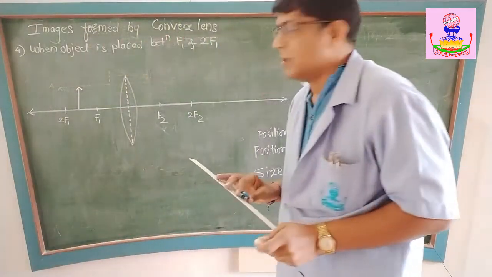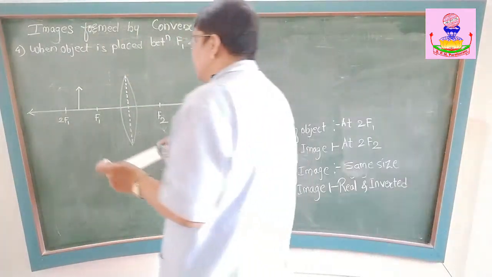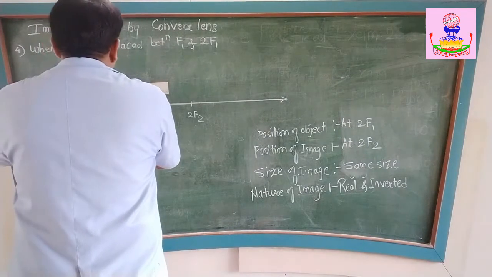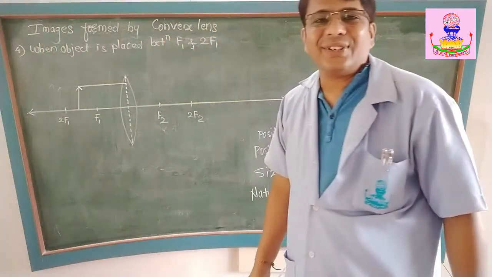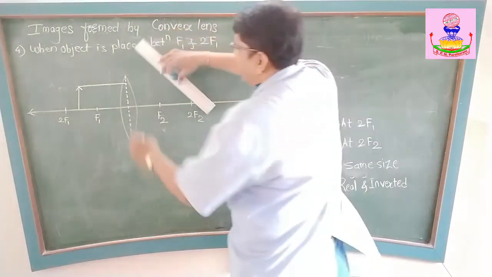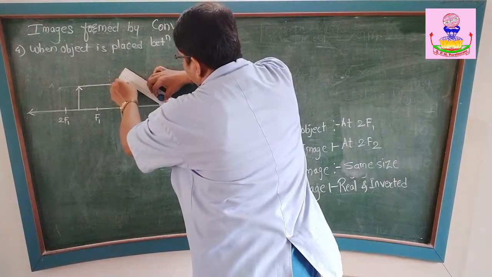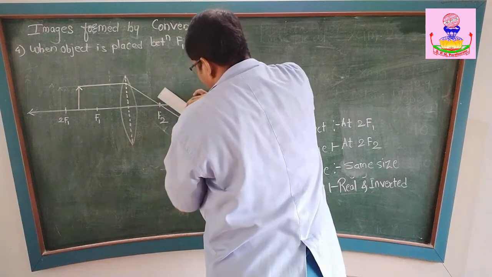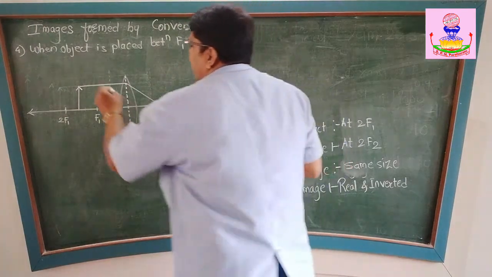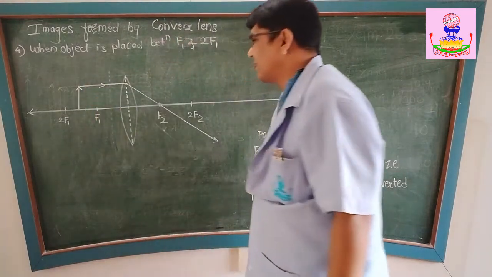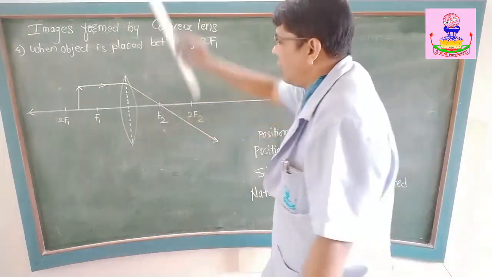Again, a ray of light parallel to the principal axis, incident on the convex lens, after refraction passes through F2. Do you get it? Okay.